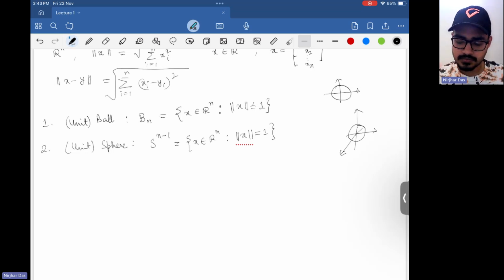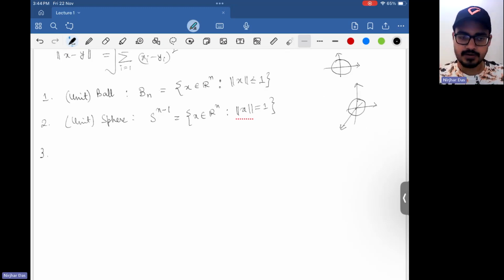Note that we denote it with S^(n-1) because this equality constraint reduces the degrees of freedom. Once you fix n minus 1 coordinates of x, you automatically get the other coordinate to come out to a specific value. But in the case of a ball, you can set all the coordinates of x independently as long as their norm is less than or equal to 1. That's why we use the notation n minus 1 for the sphere, and B_n for the ball.